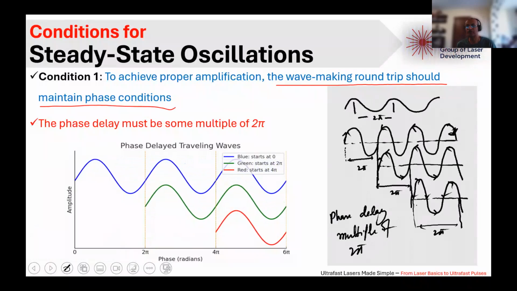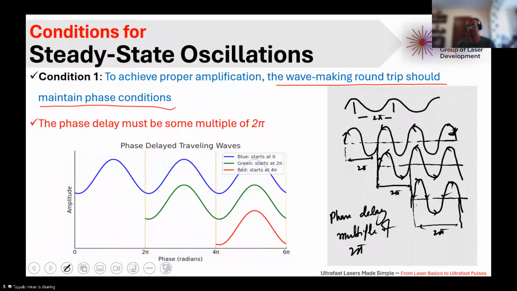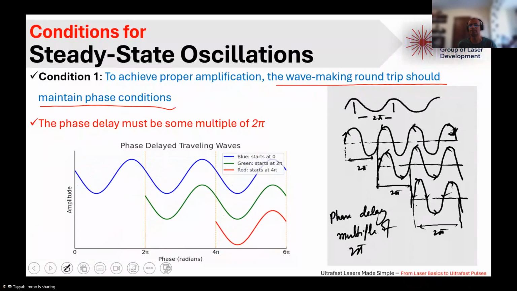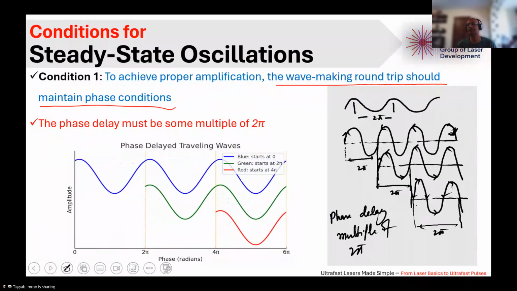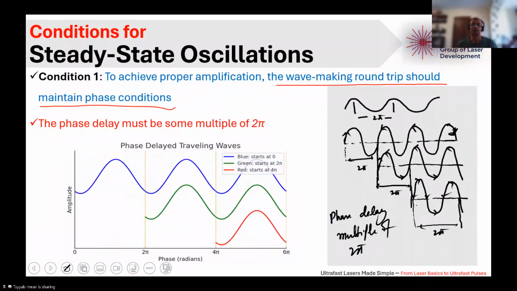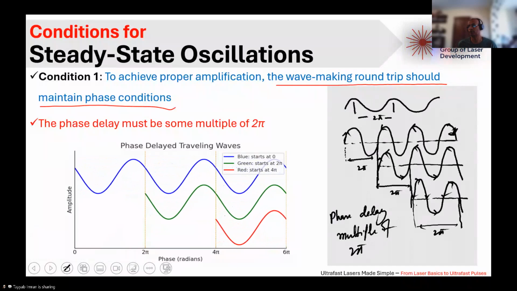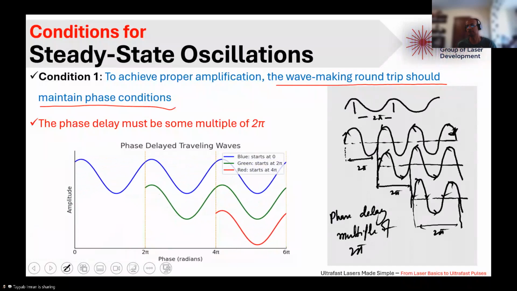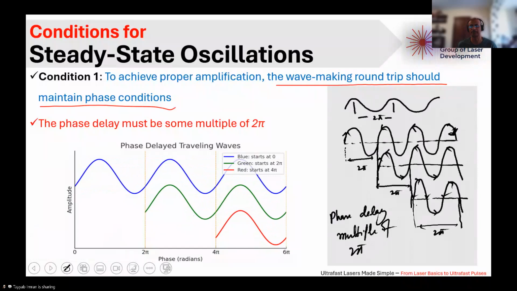So the phase difference or phase delay must be some multiple of 2 pi. So 2 pi can be 4 pi as well, and so on, 6 pi, something like this.